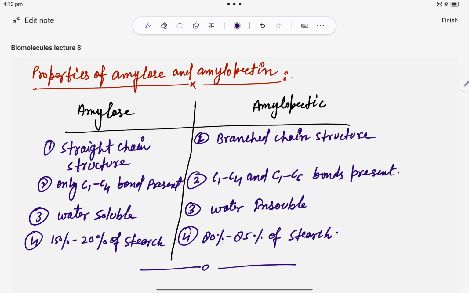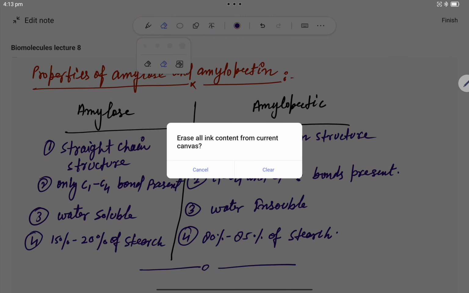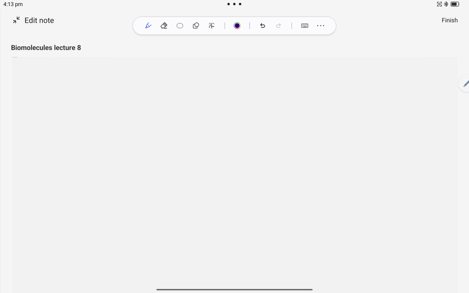So let's talk about the amylose structure. Amylose: alpha D glucose connected with C1 C4.